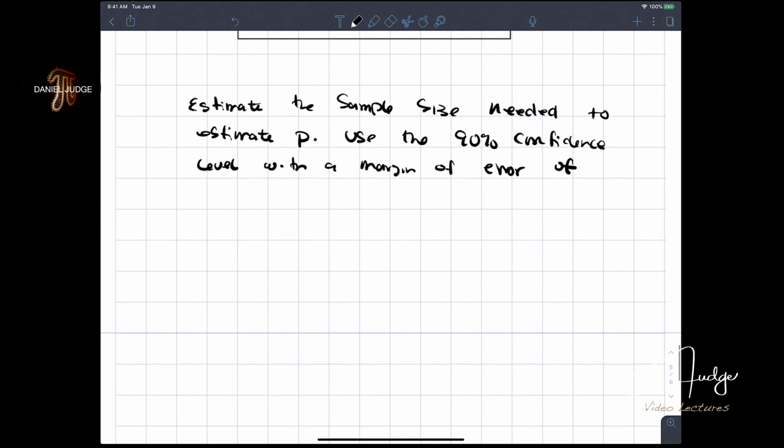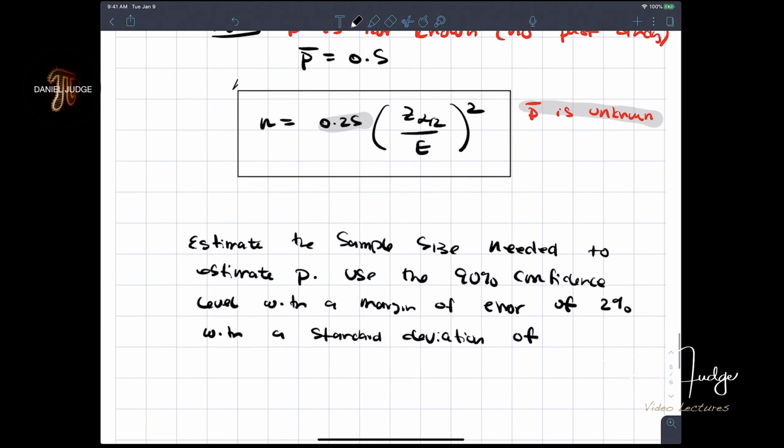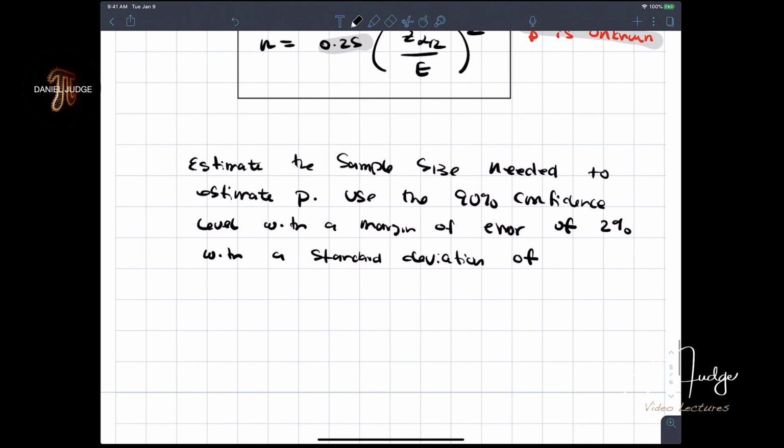Let's use a small percentage, maybe a margin of error of 2%. You could say plus or minus, but you don't have to. So use margin of error 2% with a, I'm sorry, not a standard deviation.